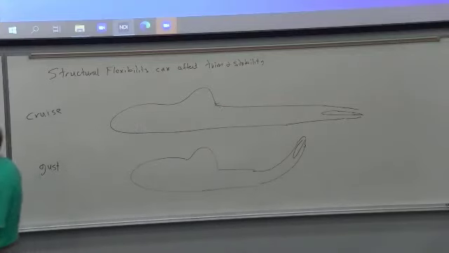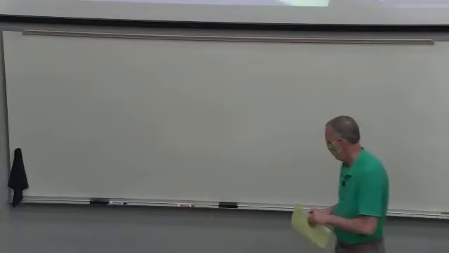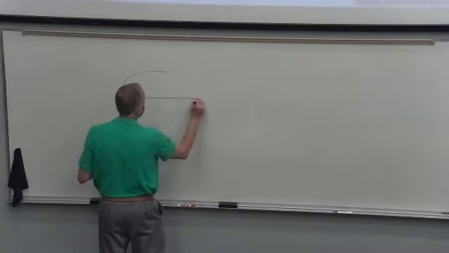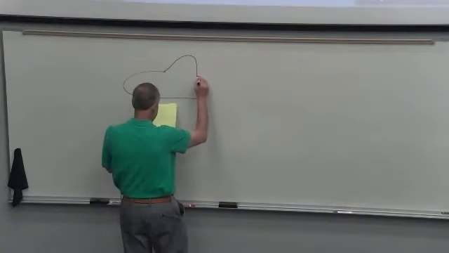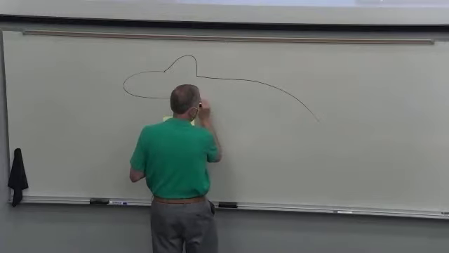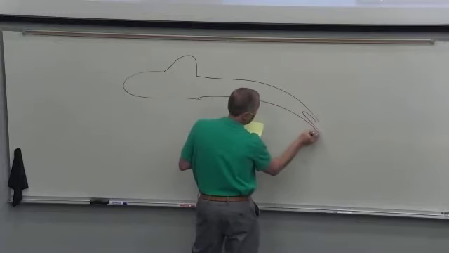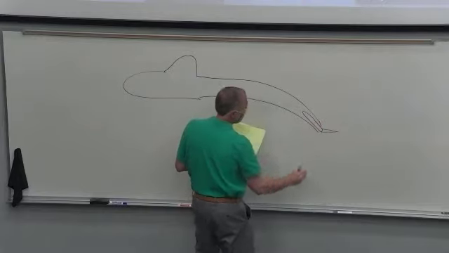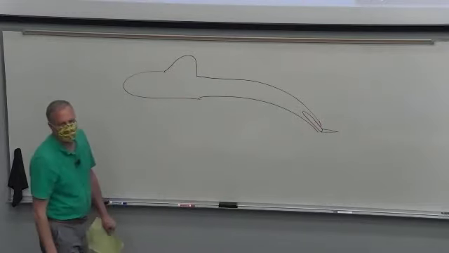Let me go over to the other board. Let's say we deflect the elevator upwards to trim. Here's our airplane. And we've deflected the elevator up like that, which pushes down the tail and causes it to flop downward.